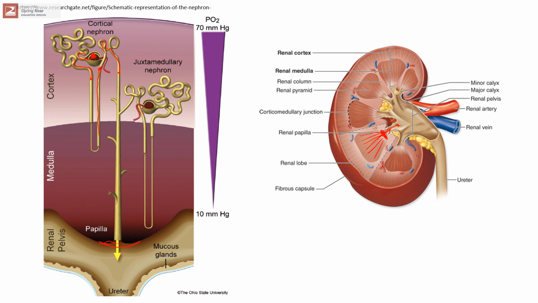This area is the renal pelvis. From the major calyx, urine enters the renal pelvis. From the renal pelvis, the urine enters the ureter. From the ureter, it goes down into the urinary bladder. And from the urinary bladder, urine exits the body.